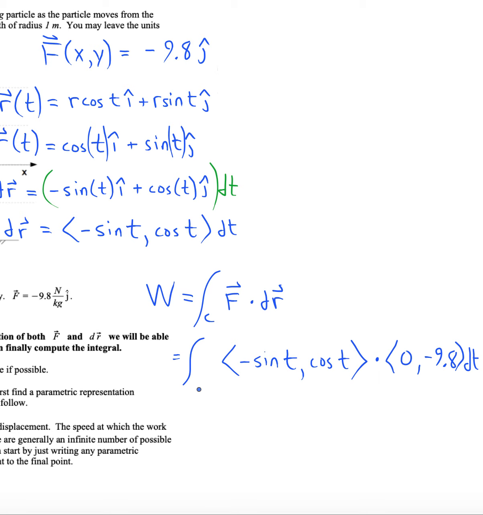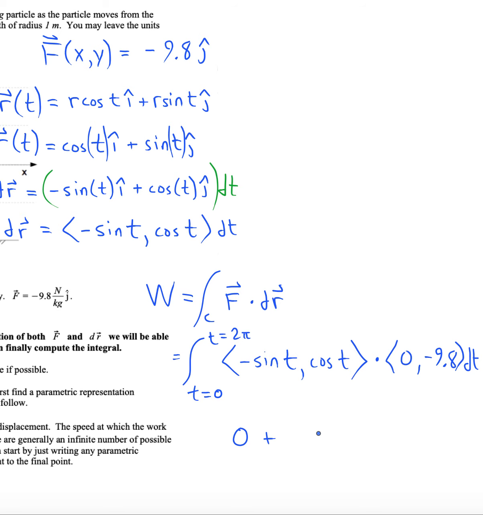We'll go from t equals 0 to the end of the circle, which in this case would be 2 pi. We want to dot the vectors together. So negative sine t times 0 makes 0.